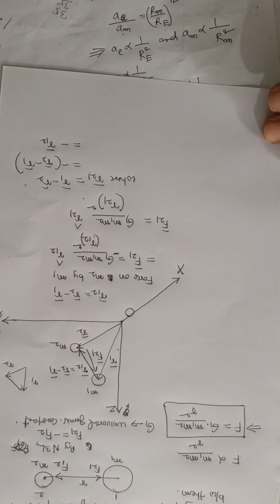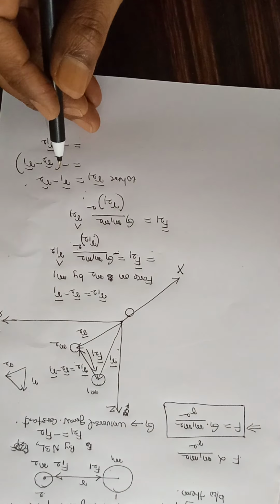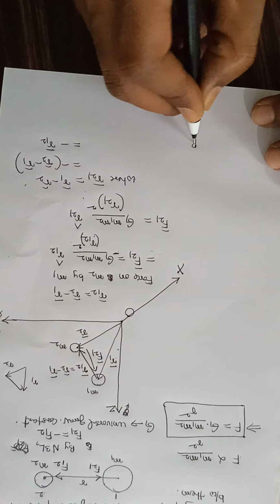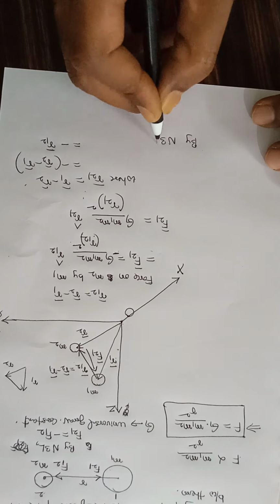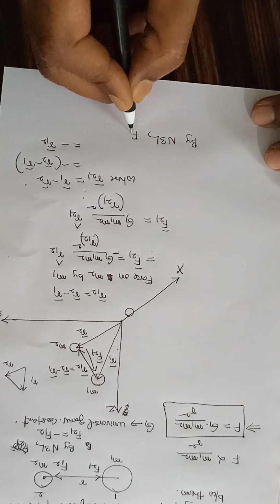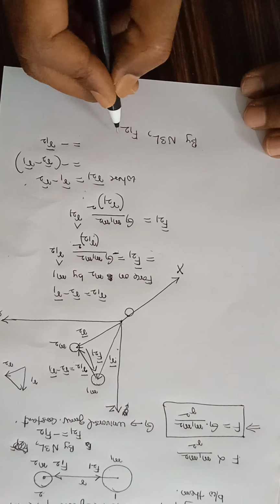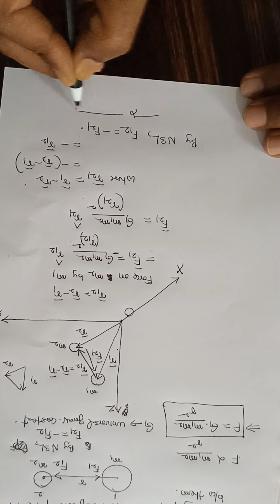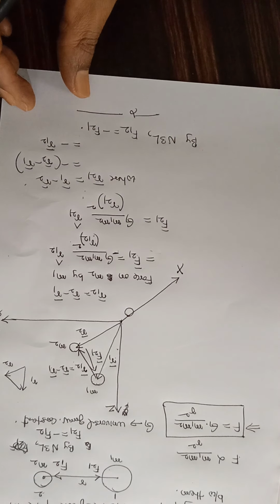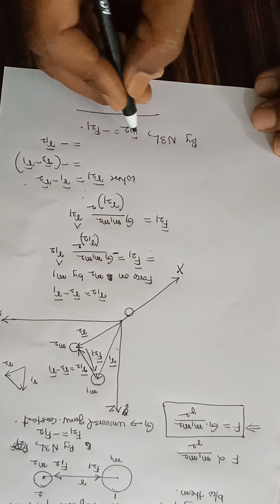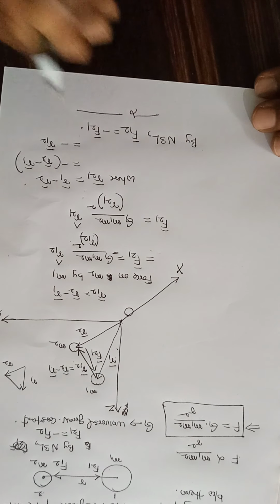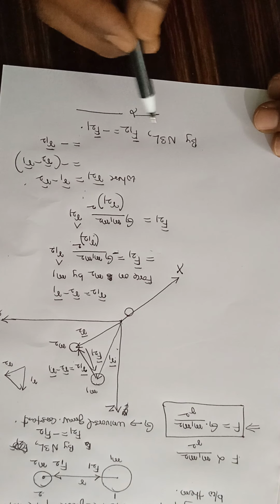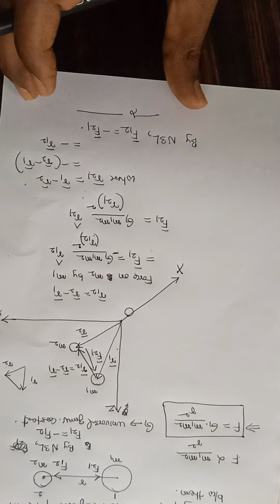Now you want F12. By Newton's third law, F12 is nothing but minus F21. That's all. Here we put bar. The magnitude is same, but they are oppositely directed. That's all.